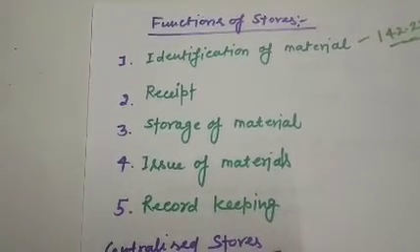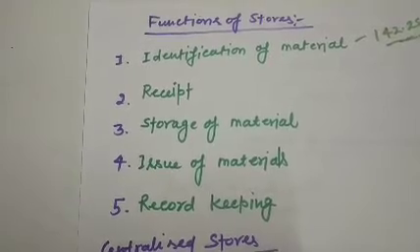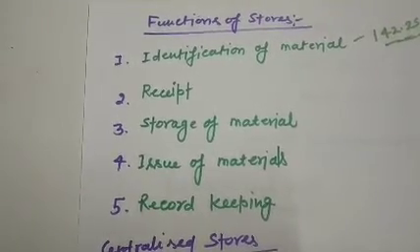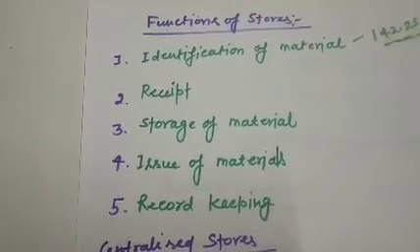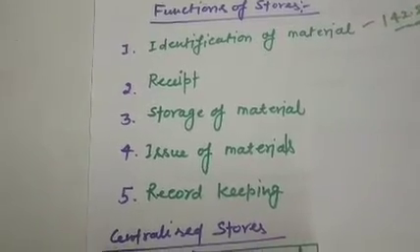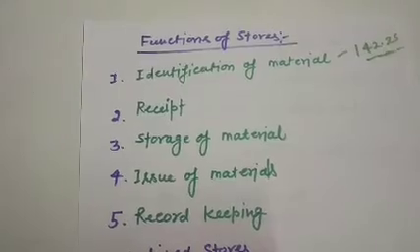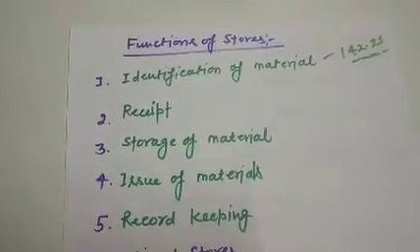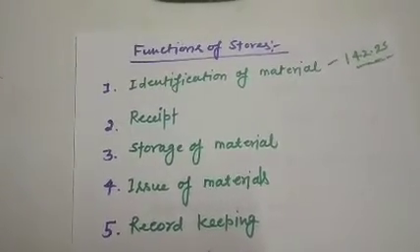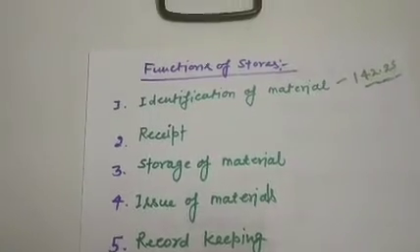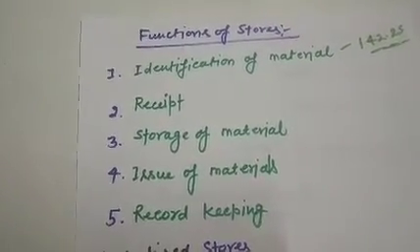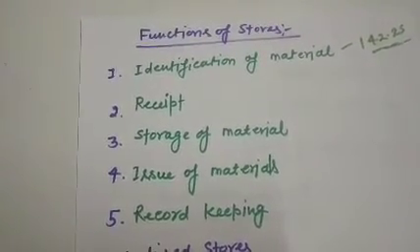The storeroom should be divided into sections for materials belonging to a particular class, right? So this is the storage of material. It basically deals with storing the material properly, so that identification, issue and keeping of the materials can be done easily, right?